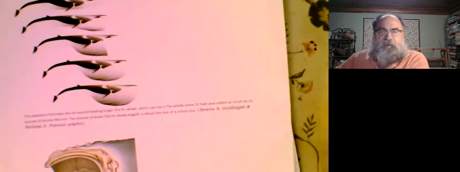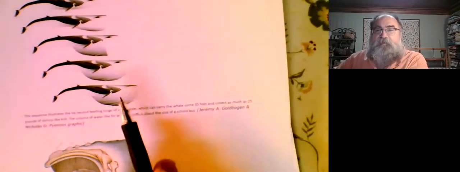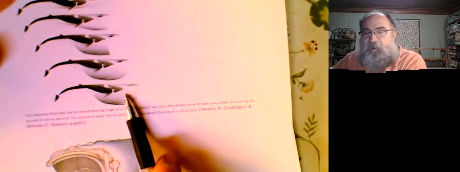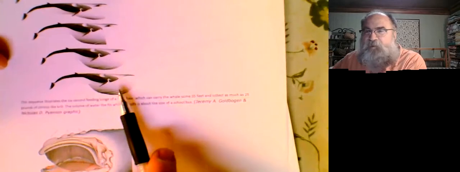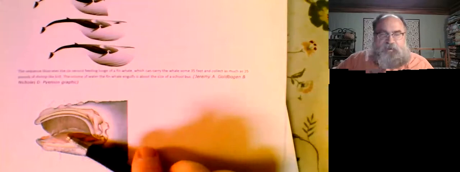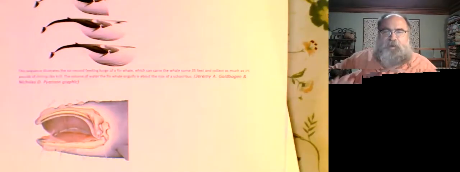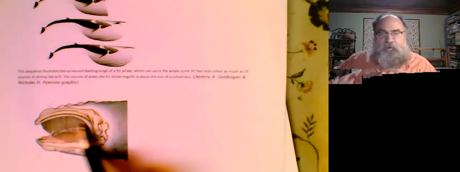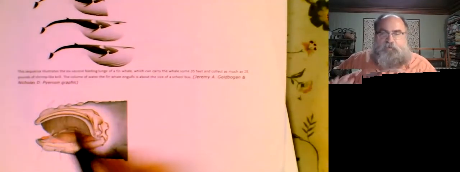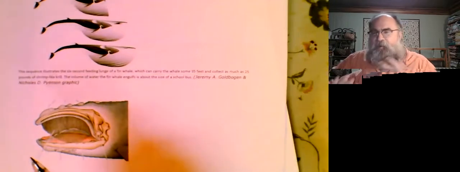And then here it is, its mouth is full of water and full of, say, the crustaceans, the little shrimp-like animals. And then it just pushes the tongue up, it closes the mouth, and it basically strains the water out of the mouth through these vertical blinds, and then swallows the krill.